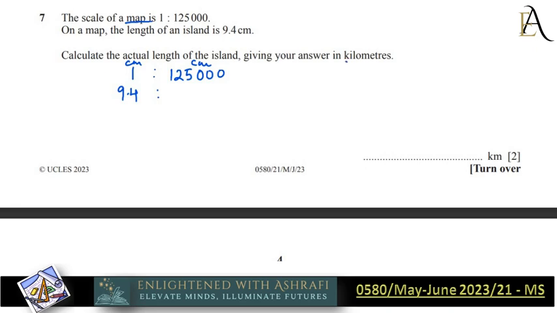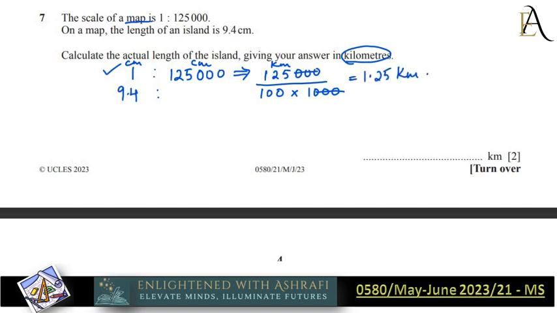And the actual length has to be in kilometers. The information we have is on the map, and we have to convert it into actual kilometers. So first we will convert 125,000 centimeters into kilometers. First we'll convert it into meters and then into kilometers. Cancelling off, we get 1.25 kilometers.